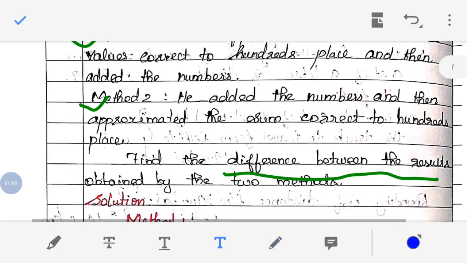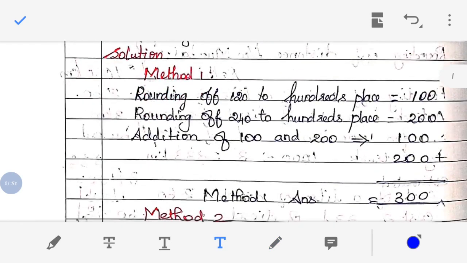Okay, so let's see how he did. In method 1, first he rounded off and then he added. Rounding of 120 to hundreds place is 100. Already we have seen the rules for rounding of the numbers. If you want to round off this 120, first we have to decide the place.